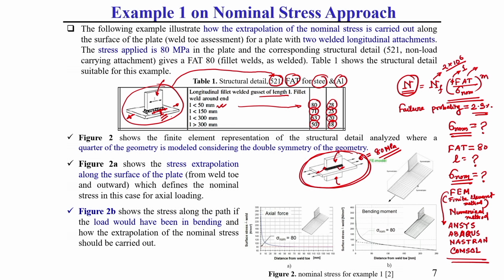Here you can take symmetry, it is symmetric about this vertical axis as well as about the horizontal axis. That is why you can take double symmetry of the geometry. Once you take double symmetry, the geometry becomes like this. This is the quarter symmetry geometry, the quarter part of this weld joint.